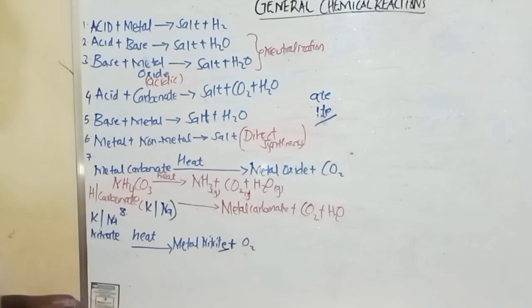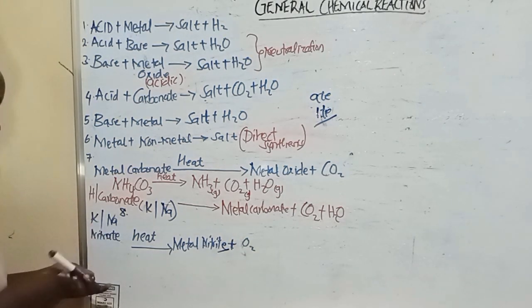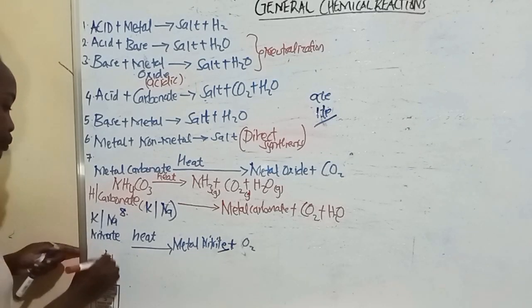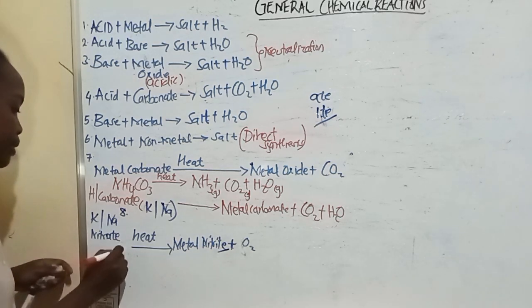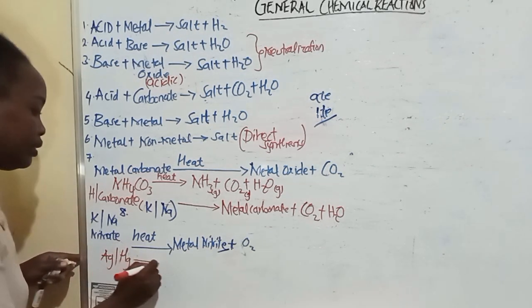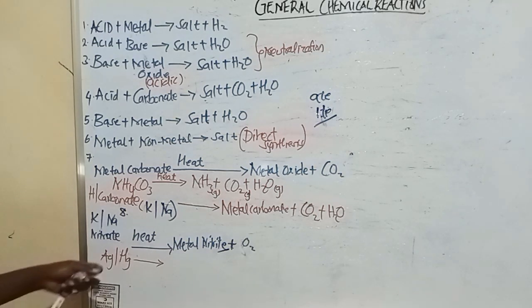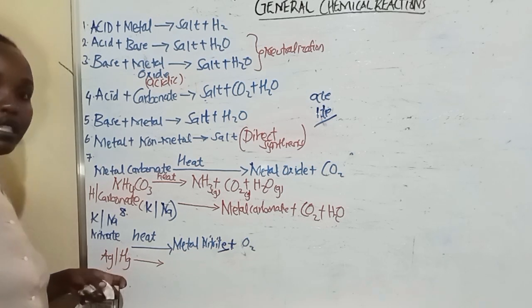Now we're saying sodium and potassium nitrate, when you heat them, you form a metal nitrite plus oxygen gas. Then another one under the nitrates, we're going to talk about silver and mercury. So when you heat the nitrates of silver and mercury, which one is your silver here? The chemical symbol of silver is Ag, for mercury is Hg.